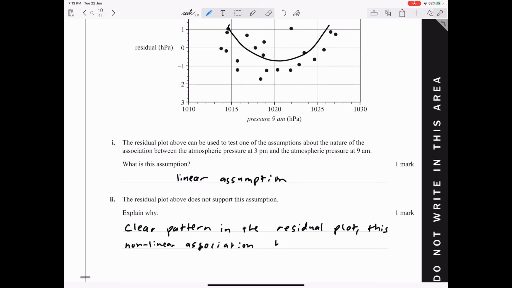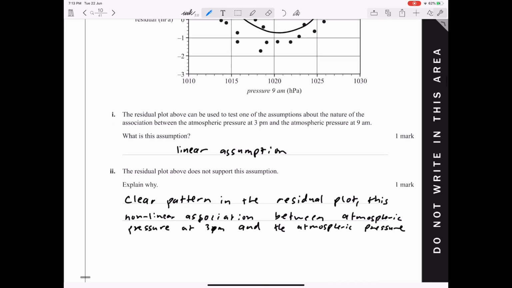So nonlinear association between atmospheric pressure at 3 p.m. and the atmospheric pressure at 9 a.m. Then you can have a concluding statement.